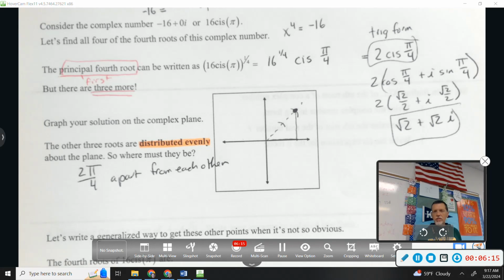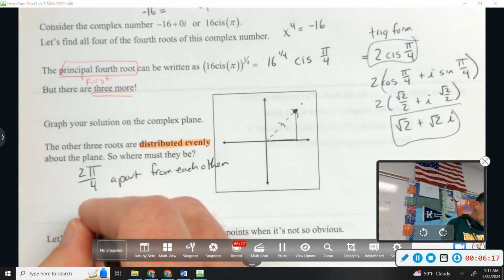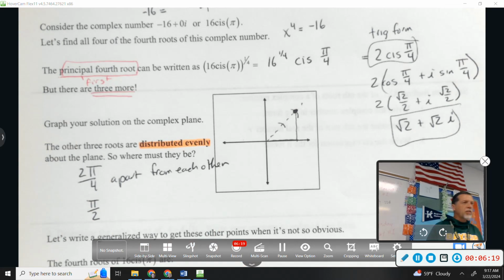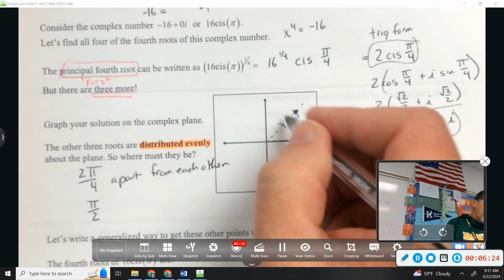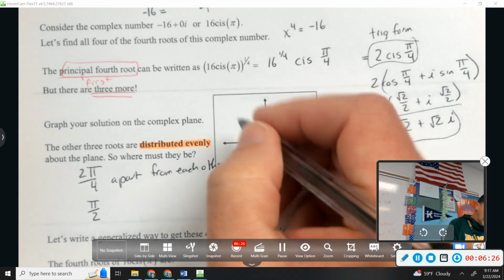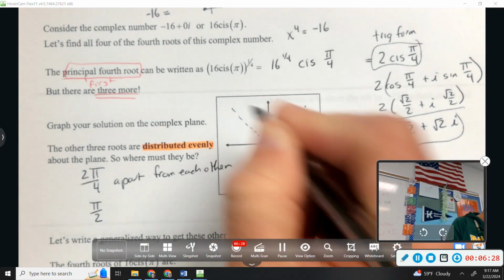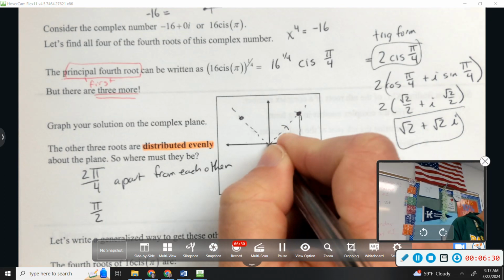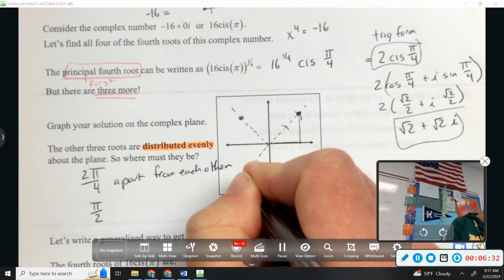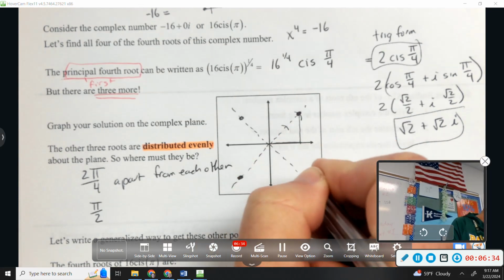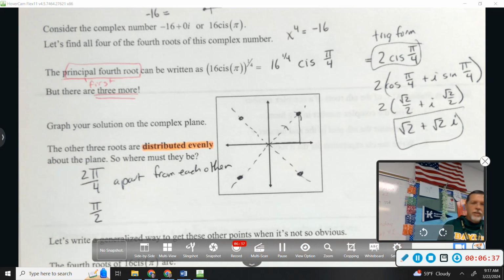There's 4 roots, so that means they should be pi over 2 away from each other. This might have been easier to just do it on the graph. Like, if there's 4 answers and they're equally spaced, well, one of them would be over here in the second quadrant, over here in the third quadrant, and then in the fourth quadrant. A little bit, yeah. Like you're equally spacing the petals? Yes.